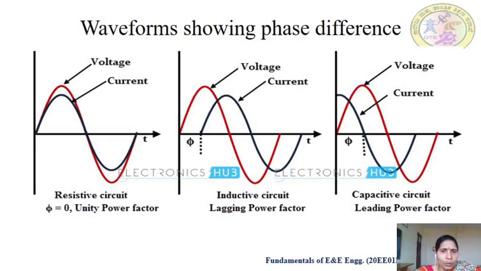Frequency is the number of cycles completed by an alternating quantity in 1 second, measured in hertz. Time period is the time taken to complete one cycle. If you know the frequency, we can find the time period by the formula T = 1/F. Then the phase and the phase difference.